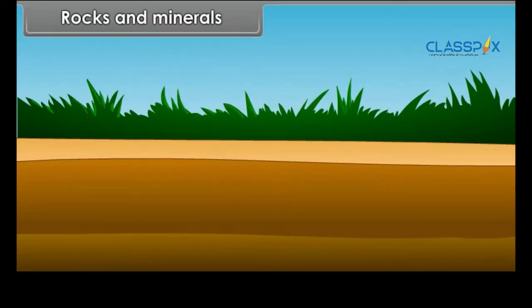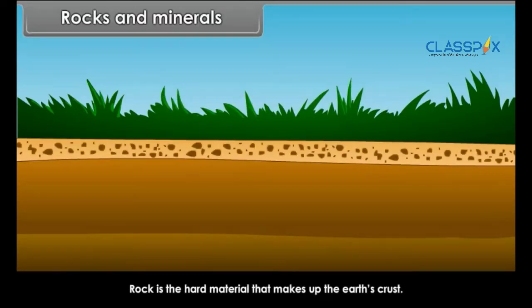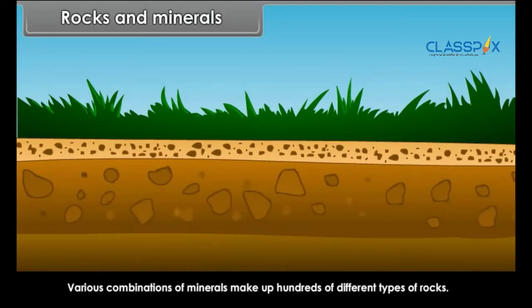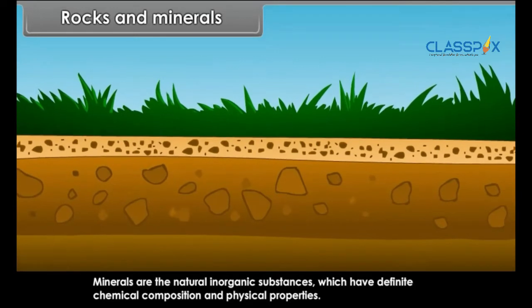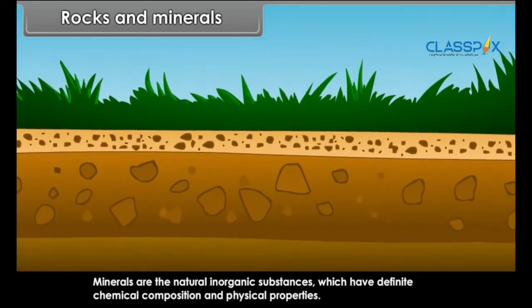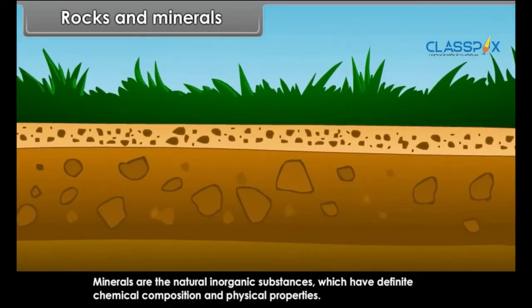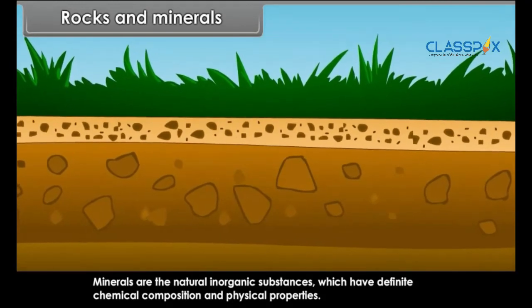Rocks and minerals. Rock is the hard material that makes up the Earth's crust. Various combinations of minerals make up hundreds of different types of rocks. Rocks are made up of individual substances called minerals, found mostly in solid state. Minerals are natural inorganic substances which have definite chemical composition and physical properties.